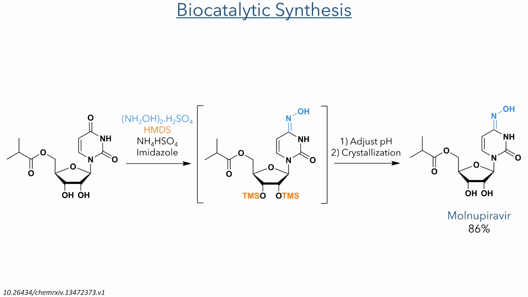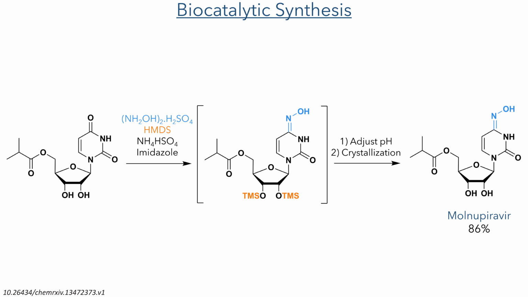This was able to install the hydroxylamine group, along with the undesired silylation of the 2 and 3 hydroxyl groups. This was not an issue, however, as they could be removed by simply adjusting the pH prior to the crystallization, which isolated molnupiravir in an 86% yield and a greater than 99% purity.